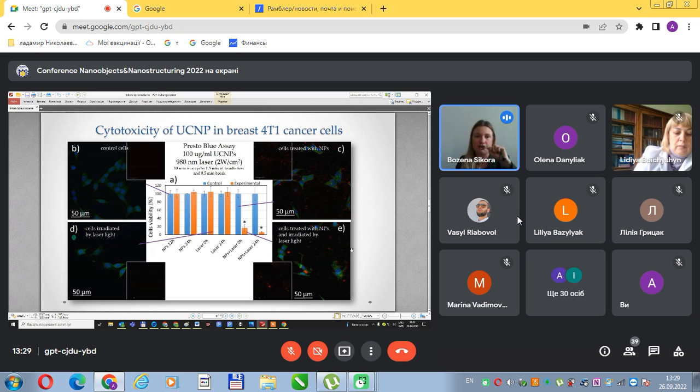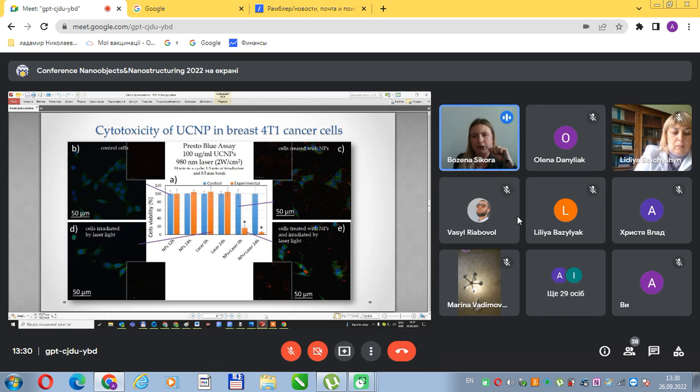This we proved by the confocal measurements, as you can see on these pictures, and we observed changes of the morphology of the cells, only in the case that we had the nanoparticles and irradiation.